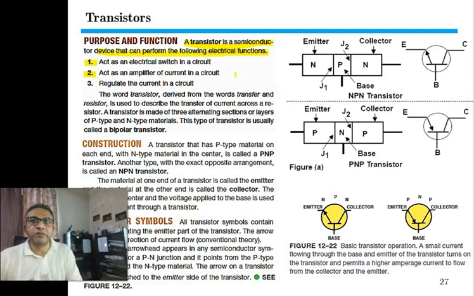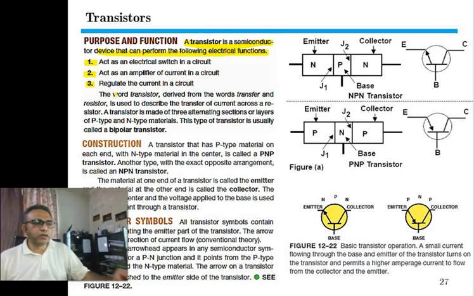Whatever the base current is, we multiply it by the beta value, and we get the collector current. The third application is that the transistor will regulate the current in a circuit. This can also be achieved by using the same formula, IC equals beta times IB. Hence we can use a transistor either as a switch, or as an amplifier, or to regulate or maintain a certain amount of current.